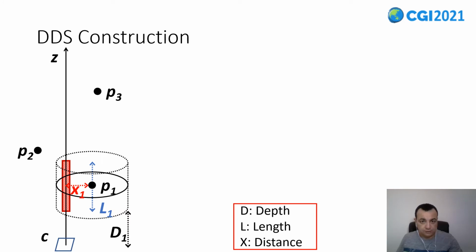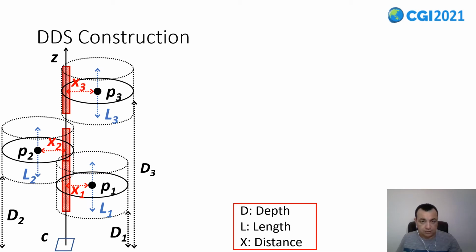For P1, for instance, the cylinder is represented by a disk. L is the length of the fragment interval, D is the depth from the projection plane to the fragment interval, or equivalently to the cylinder, and we also need to store X, which is the distance from the fragment interval to P1.